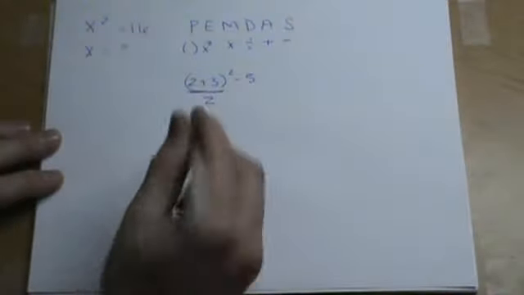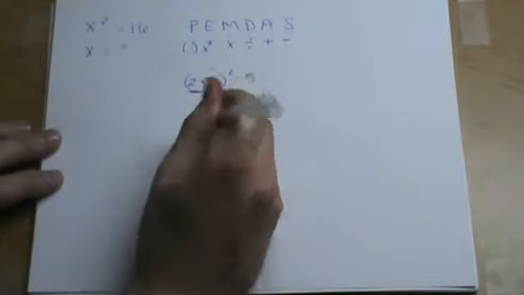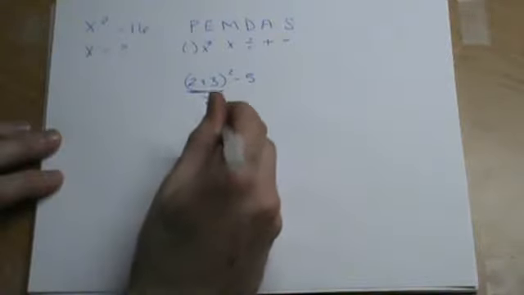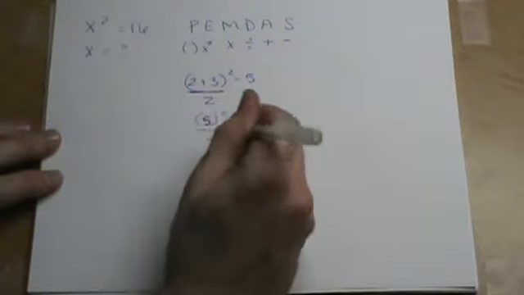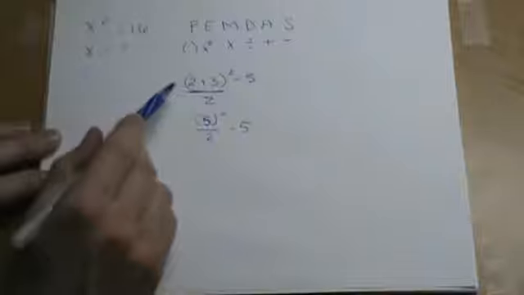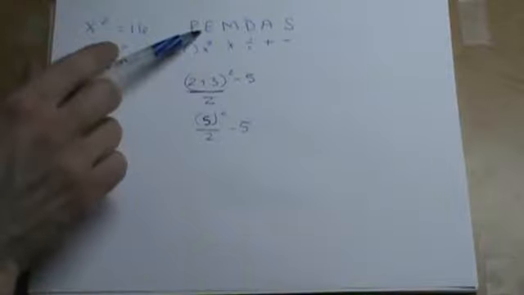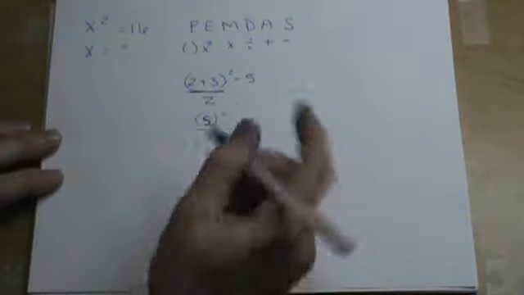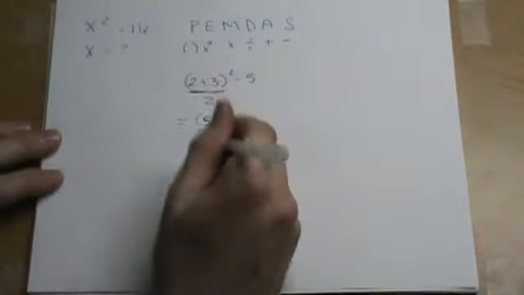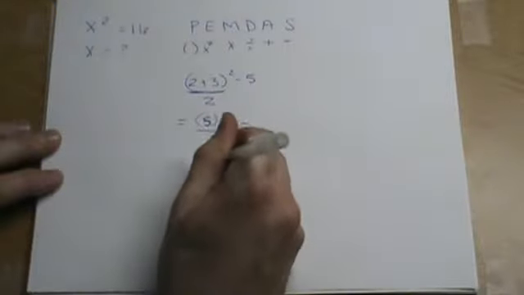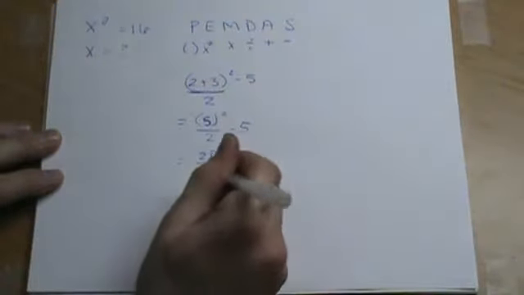So that means add the 2 and the 3. That's 5. Then keep everything else the same. I didn't touch anything else. I just added what was in the parentheses. Next it says do the exponents, the E. So 5 squared. That is 25. I keep everything else the same.